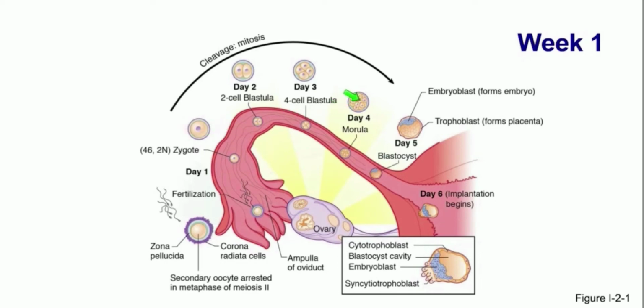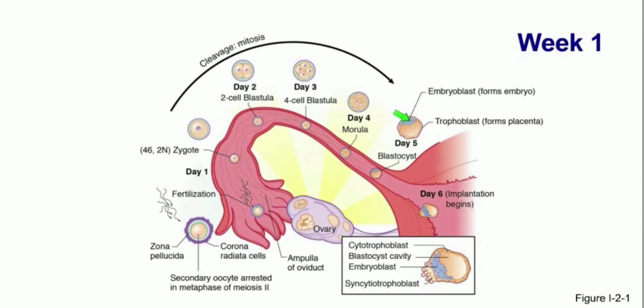By day 5, something interesting happens. The cells continue to divide, but now they start to rearrange themselves. The way they rearrange themselves is that the extracellular fluid between these cells all starts to aggregate together into one large fluid-filled cavity, and the cells get densely packed on the other side here.